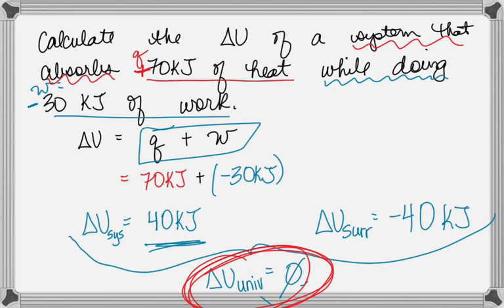It starts on page 193, but there's a table, 5.1 on page 194, that goes over the Q and the W and when it's positive and when it's negative, and that might help.